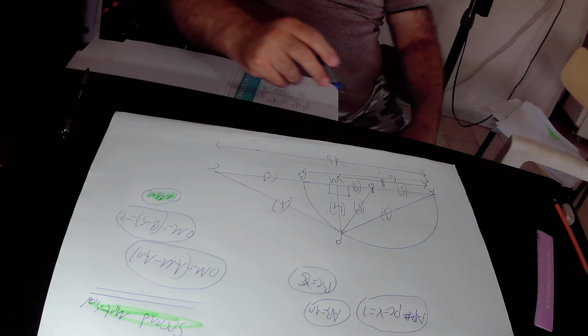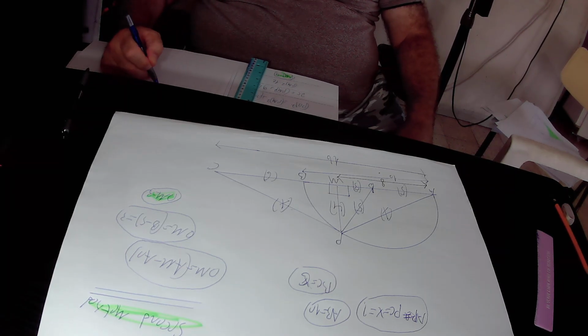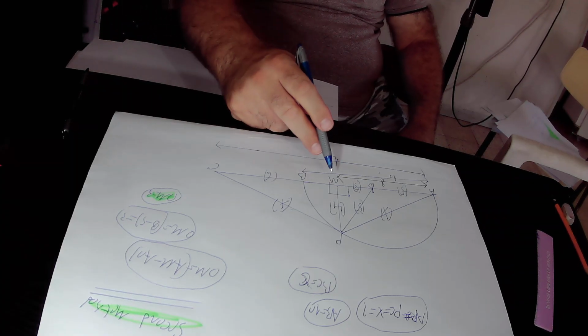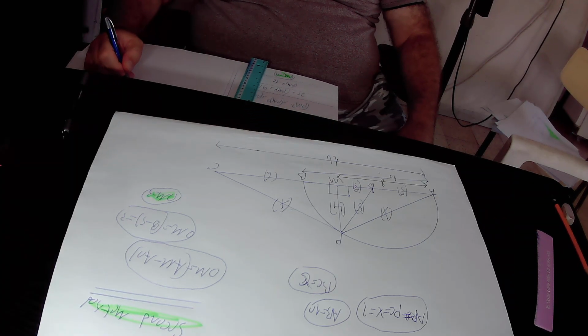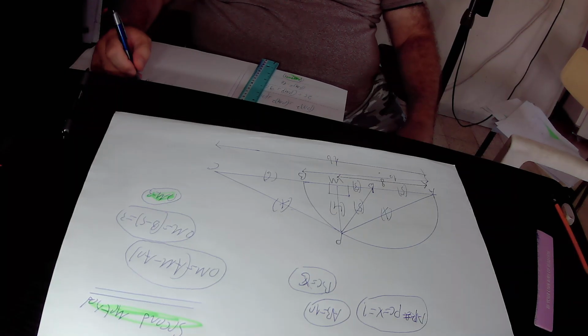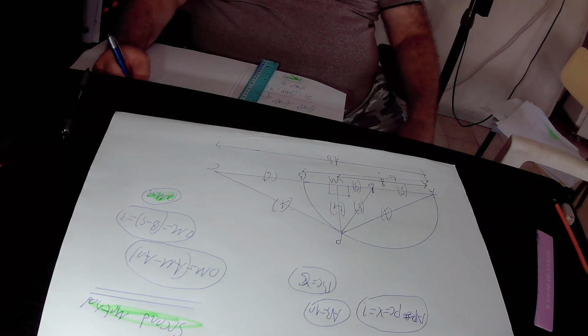AM equals 8 units in its length, and PM equals 4 units in its length. Here is the relation for the Pythagoras theorem.